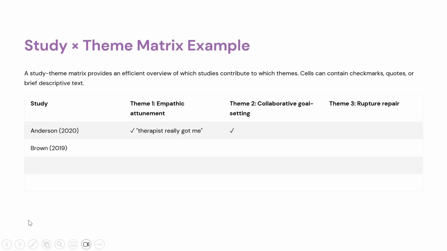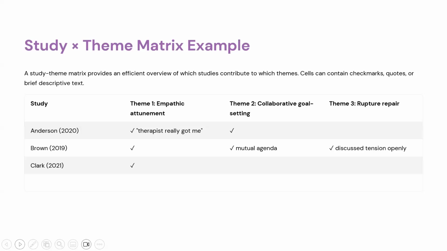We have another paper by Brong from 2019. It also meets the empathic attunement, and in this case, it also has information in terms of collaborative goal setting, so mutual agenda. And it furthermore has a third theme, which is rupture repair, in the context of discussing tension openly. Another paper would be from Clark 2021.